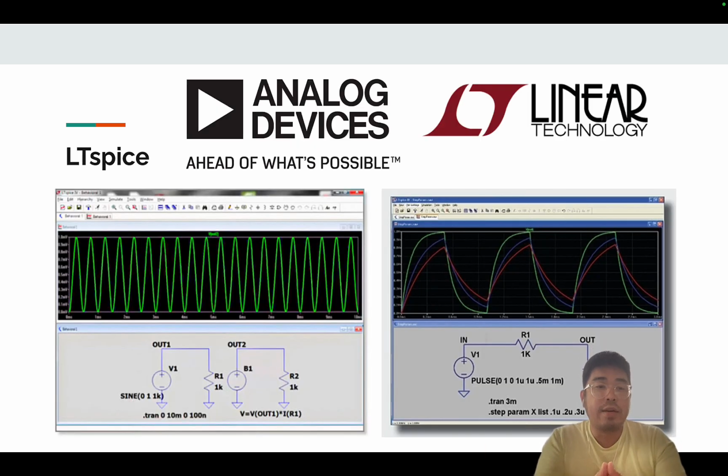And then lastly, of course, LTSpice is one of our favorites because it is an industry standard in both academia and the industry workforce, and not only is it freeware, it's used in the industry to run simulations for Linear Technology parts, and it was acquired by Analog Devices in 2017.